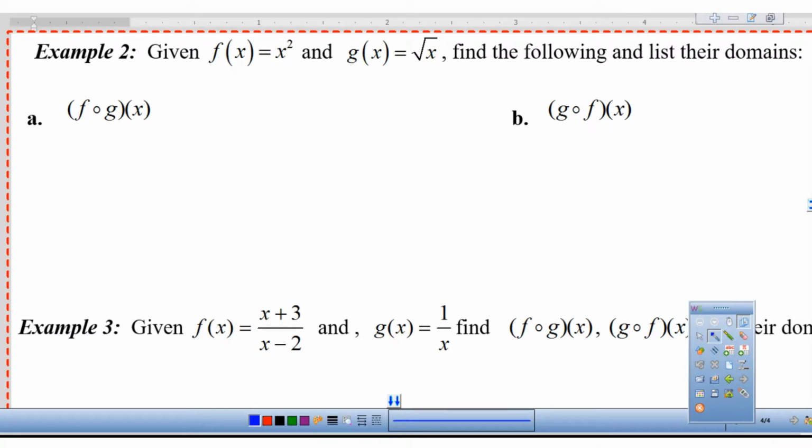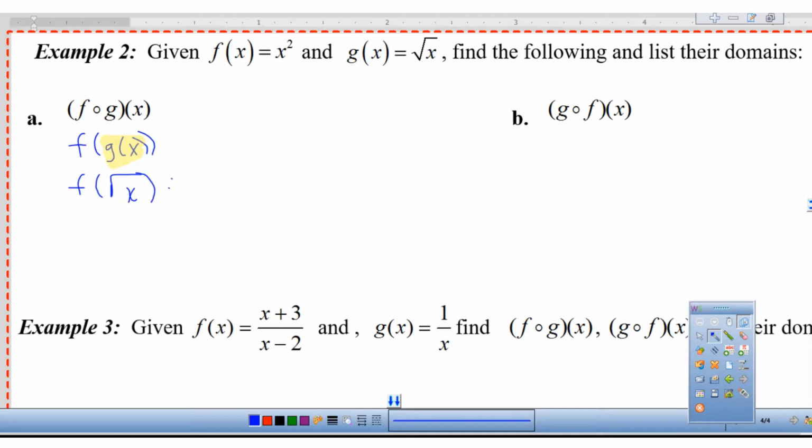Okay, right here. Find f of g of x and find the domain. So it's really just the same thing. So this right here is f of g of x, okay? That x is not a number, so you don't go from right to left, you go from left to right. So right here, I'm going to replace it with what g of x is. So this is f of the square root of x.